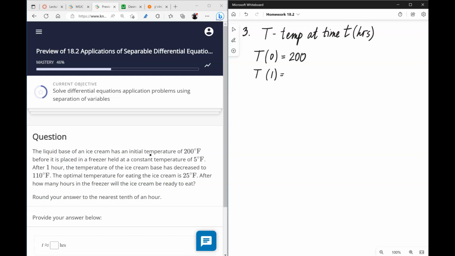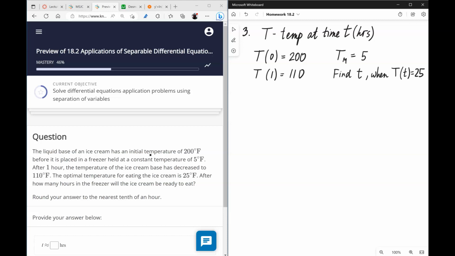After 1 hour, it was 110. The temperature of the medium surrounding the ice cream base is 5 degrees. And the question is to find the time when the temperature is 25 degrees.